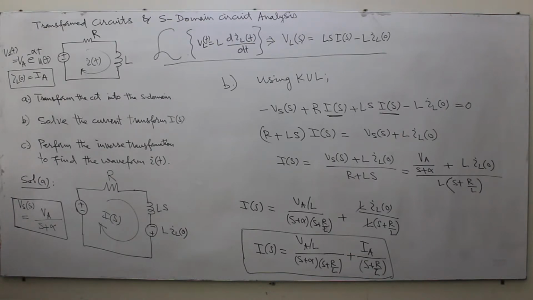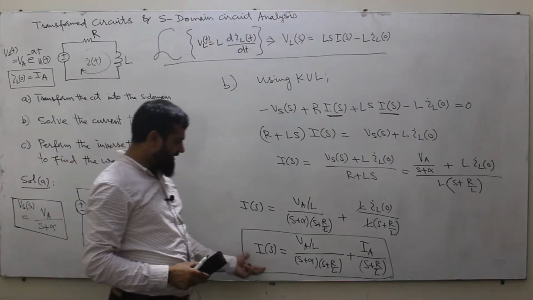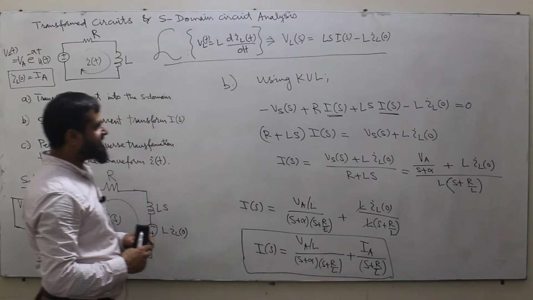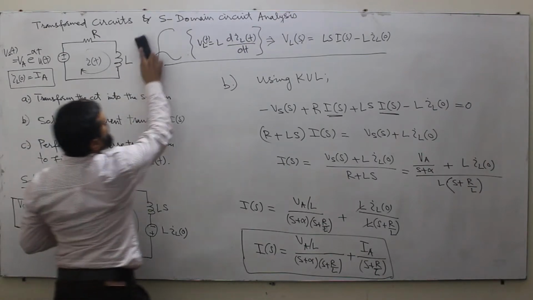Now we have to find our solution for the last part, which is to perform the inverse transformation to find the waveform I of t. So we have to take the inverse Laplace transform of this one, which will be the solution for the last part, and we can solve it here.